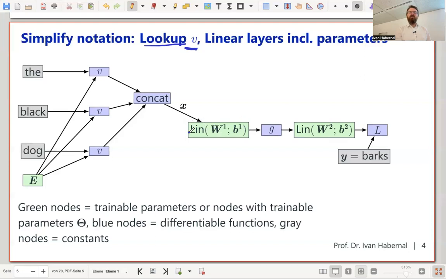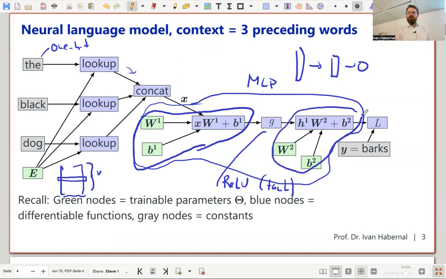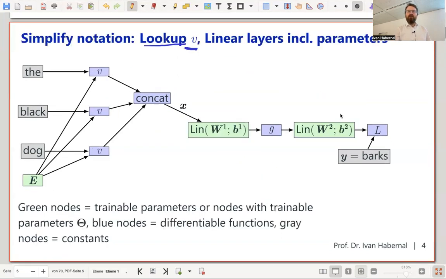Here was a linear node with the parameters extra, and I packed them into the node. So if you look here, I took this one and created one single node, and from this as well, so it's somehow clearer or shorter. Here there are parameters W1, the projection matrix, and the biases, and here the same for the second layer.